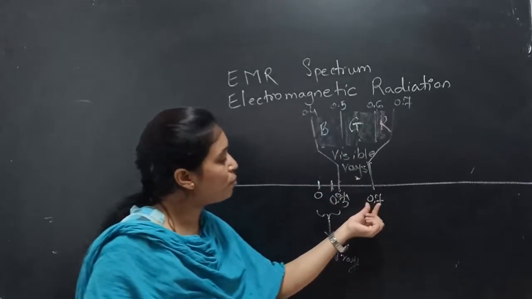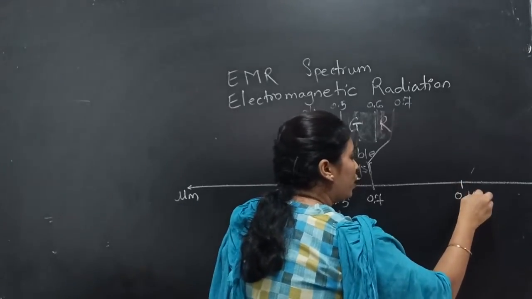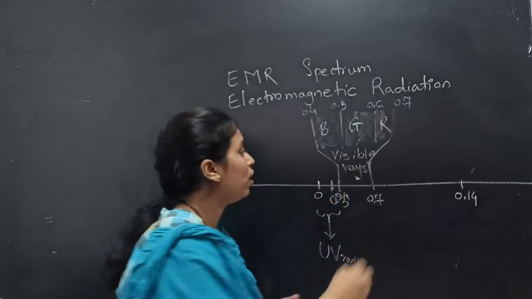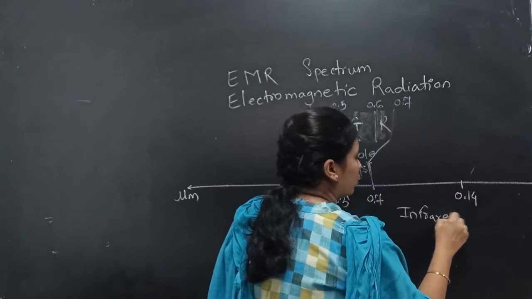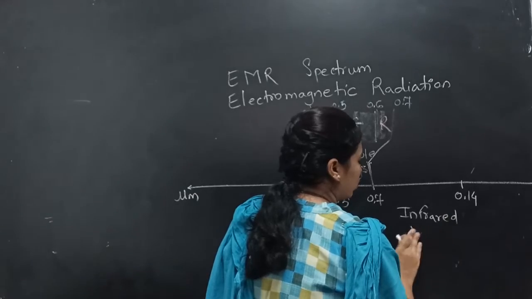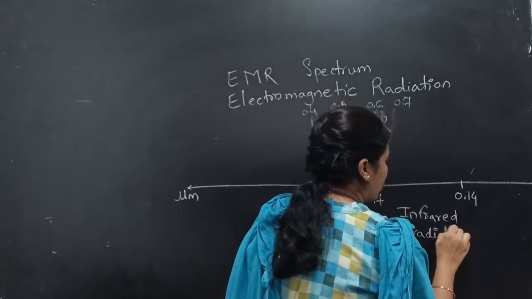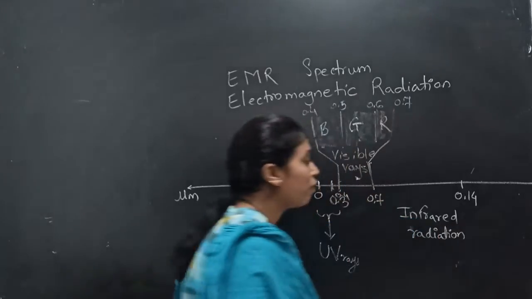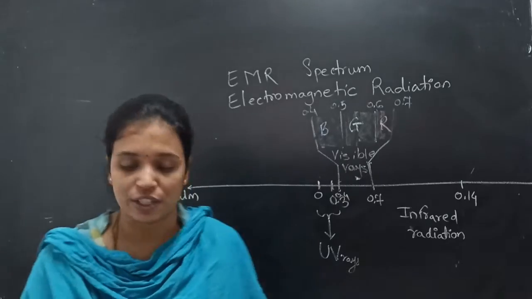Then later on, from 0.7 to 14 micrometer are the infrared radiations.